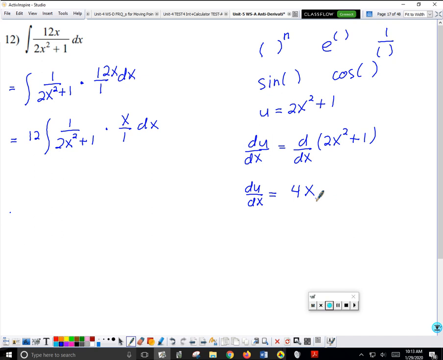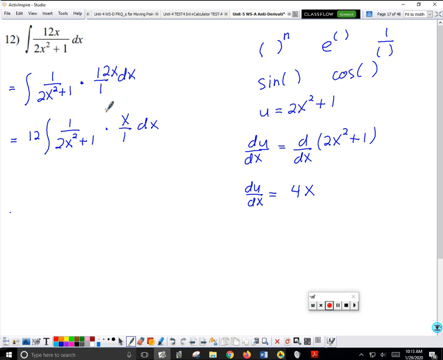This derivative came from taking the derivative of our choice of U, right? Our choice of U came from the first of the two multiplying functions. The derivative of our choice must match the other of the two multiplying functions, except that a multiplying constant doesn't get in the way. It's a perfect match.